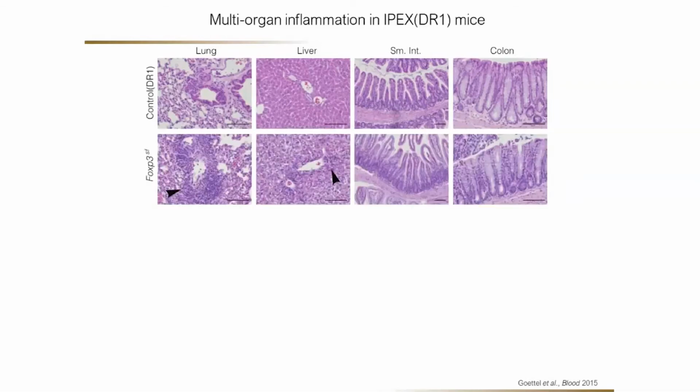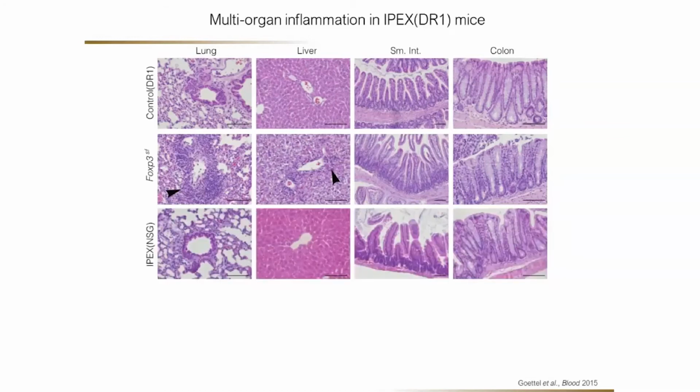If you look at mice that lack FOXP3, so these are not humanized mice, these are just black 6 mice, you do see inflammation in the lung, the liver, and I'm sorry if you can't see this very well, but there's inflammation in the small intestine. Interestingly, not the colon, and that's something we can discuss later. Now, if you take those IPEX stem cells and put them into the NSG mice, again, they look very much like the control DR1. There's no inflammation that we can see in any of these compartments.